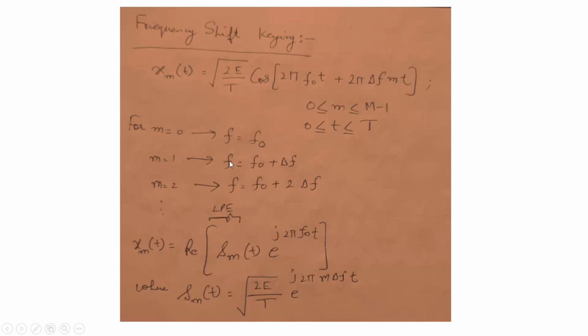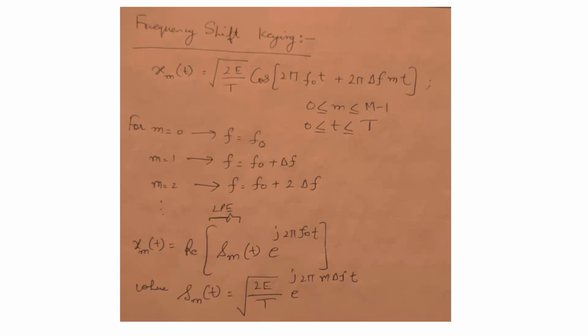Right. So, what are the frequencies available for frequency shift keying? That will depend on delta f. What delta f you choose, that will determine how much frequency shift you will get from the carrier frequency, right, to represent the digital bit string. There can be binary FSK.